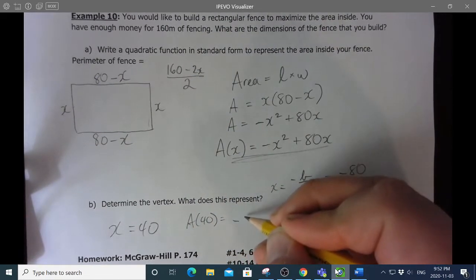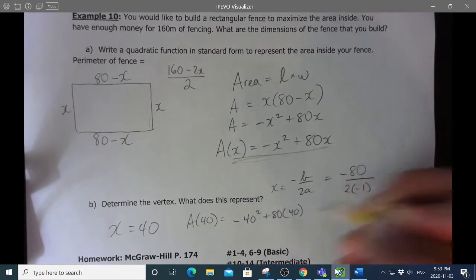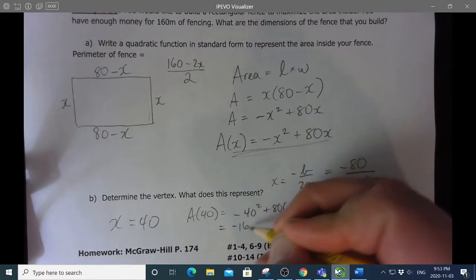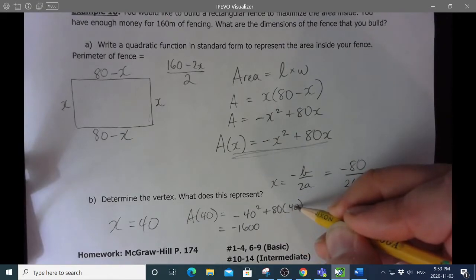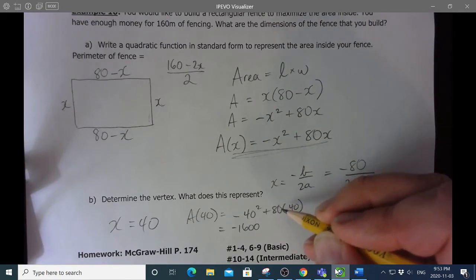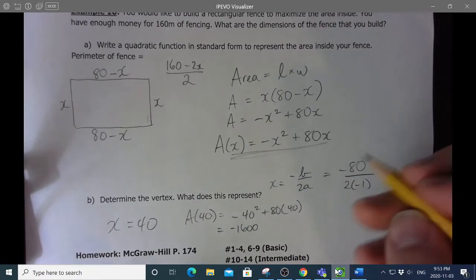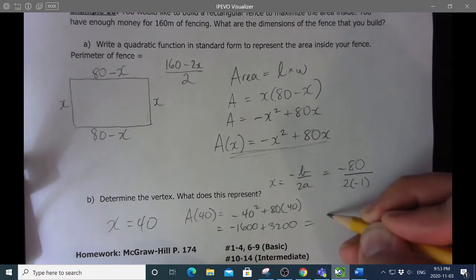So that's negative 40 squared plus 80 times 40. I can probably do that without a calculator. Let's see. That's negative 1600. And 80 times 40 would actually be 1600 times another 2, because this is like 2 times 40 times 40, right? 80 is 2 times 40. So that would be plus 3200, which gives 1600.